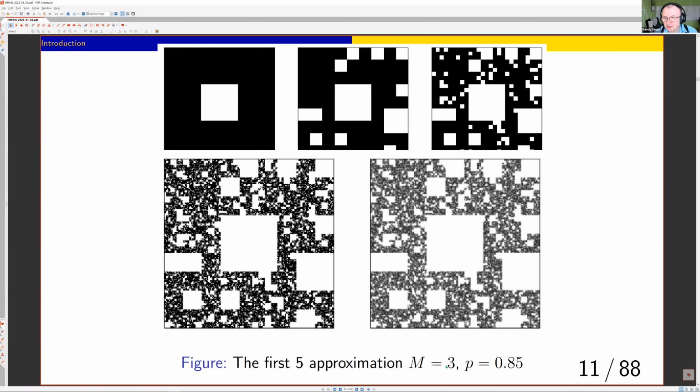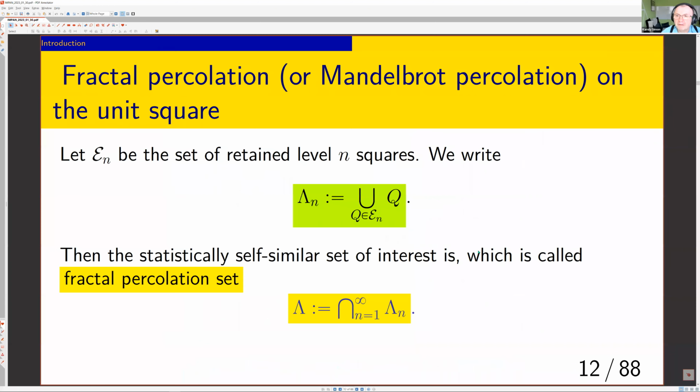In this case also m is equal to 3, where m is the number of equal intervals into which we divide along each of the coordinate axes, and we take the product. The probability in this realization was 0.85, so we got a lot of squares.